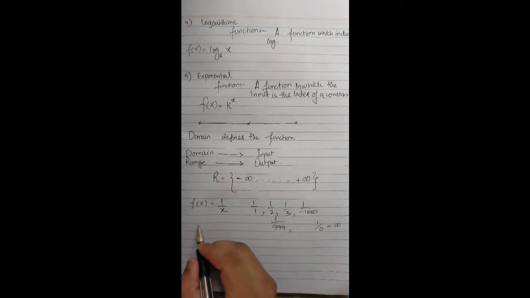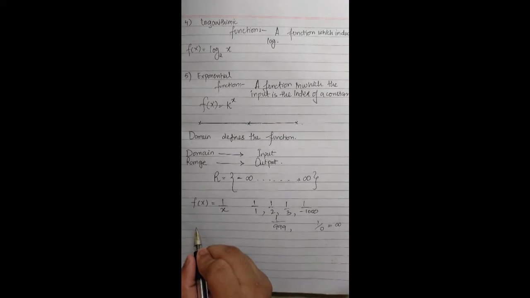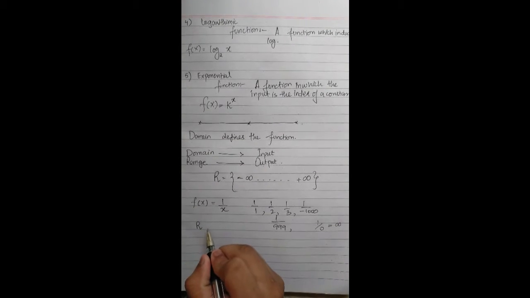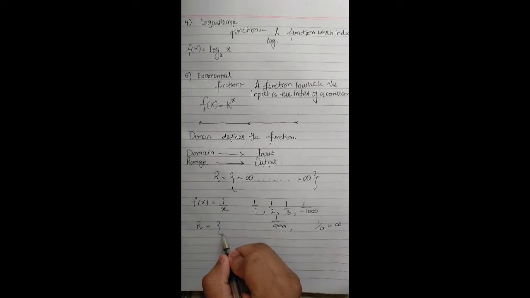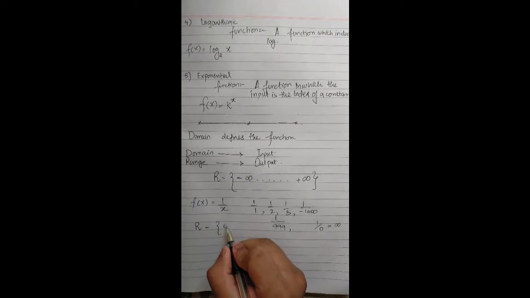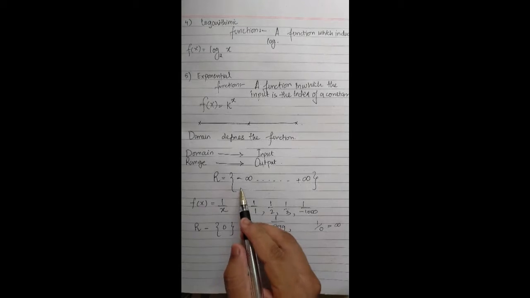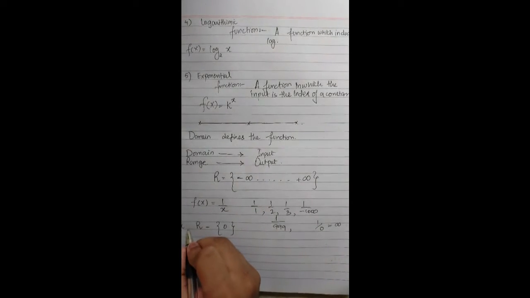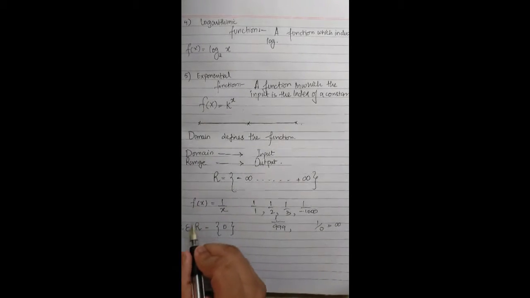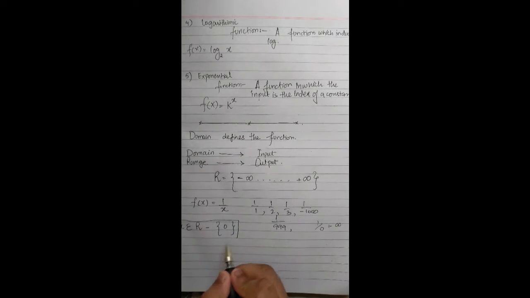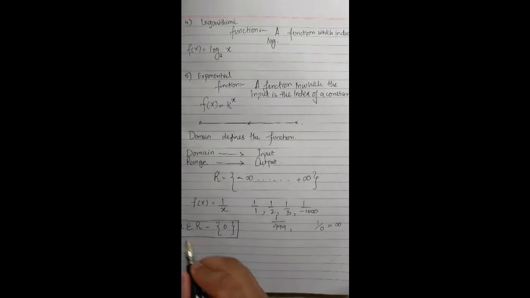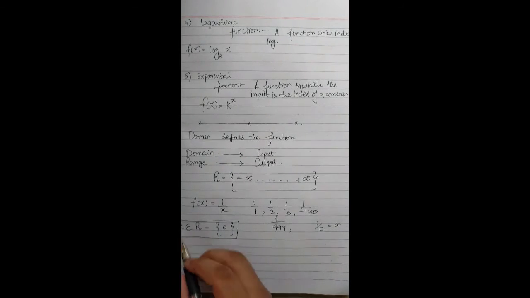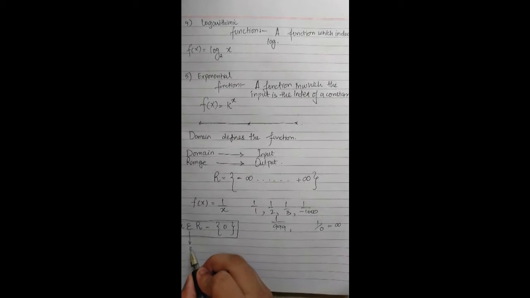So the domain of this function will be the set of real numbers, and I will subtract 0 from that set. So this is the domain of the function 1 over x. This symbol means is a part of.